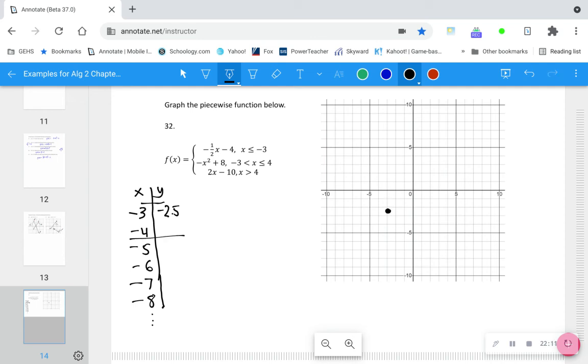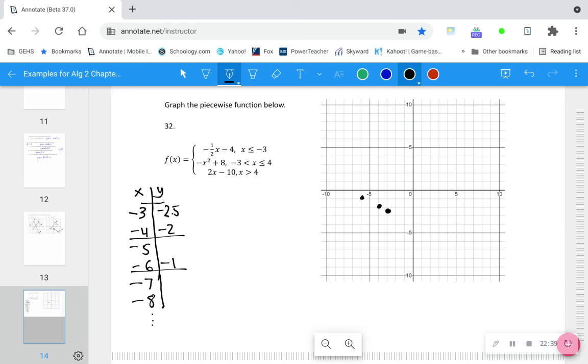Okay, we're going to have an easier time here because -4 is easy to take half of. So -4 times -1/2 is 2, and 2 minus 4 is -2. So it's 4 back and 2 down. Okay, and let's skip that 5 and go to 6. -6 times -1/2 is 3. 3 minus 4 is -1.